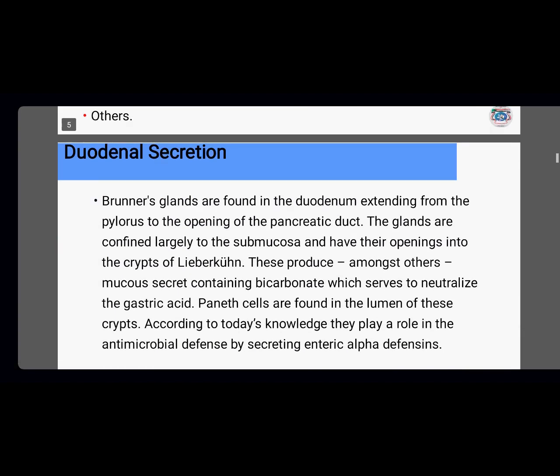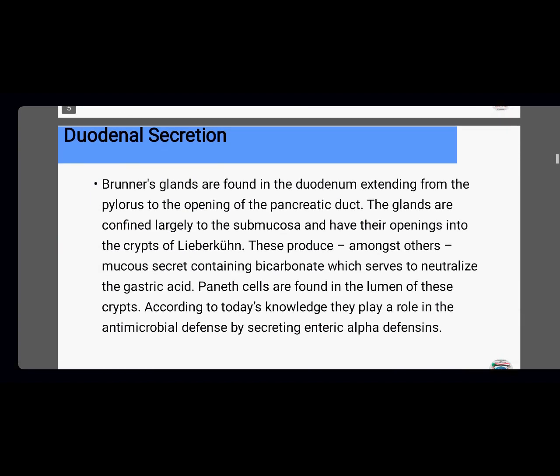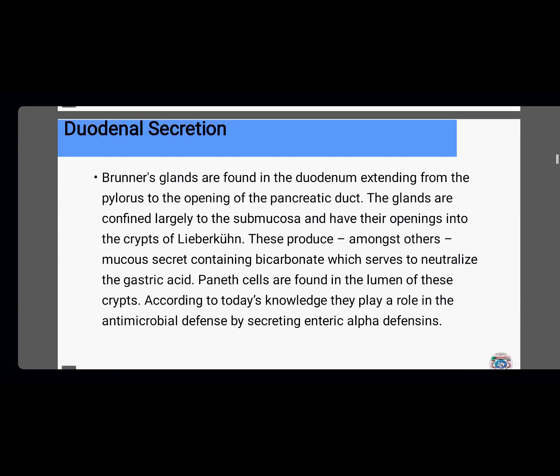Here we have secretion. As you know, the duodenum is lined by the Brunner's glands, which are responsible for the secretion of mucus, mucus rich in bicarbonate.